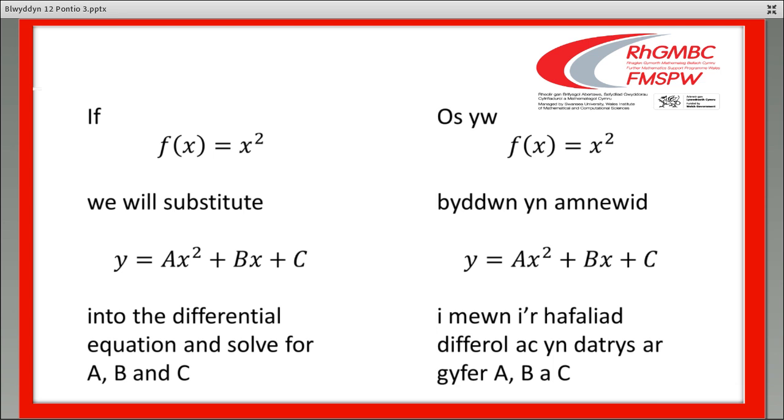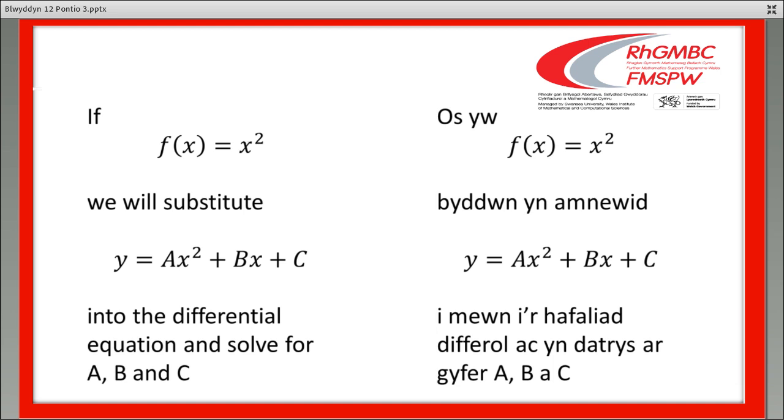So it's ax squared plus bx plus c. If it was x cubed, it would be ax cubed plus bx squared plus cx plus d. And then they give you initial conditions and you can work out what the values of a, b and c actually are.